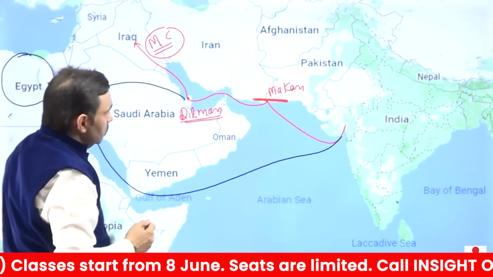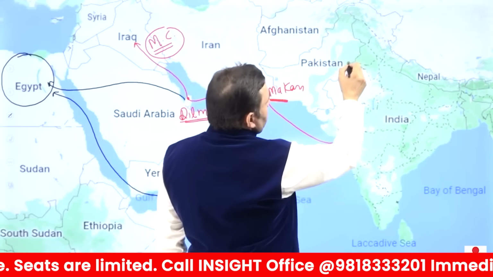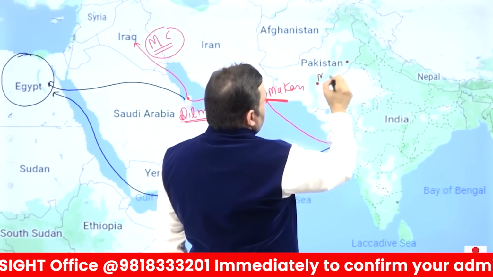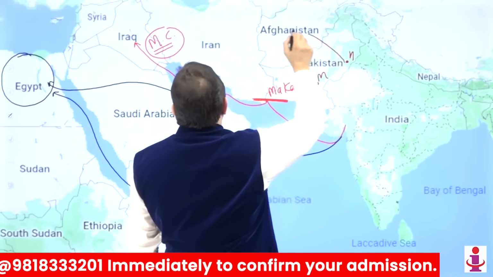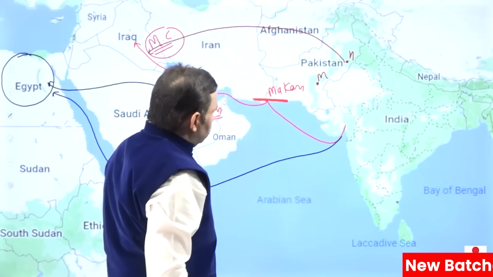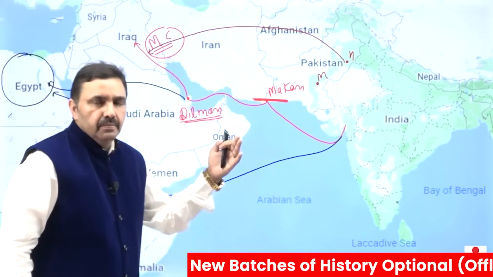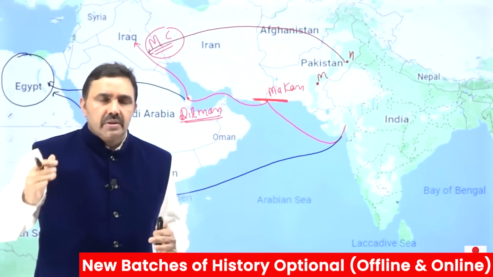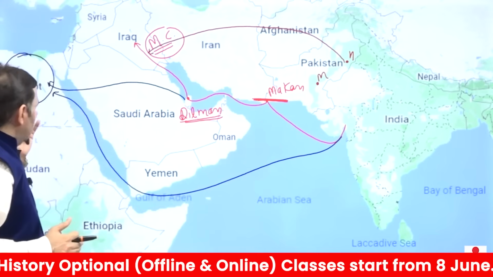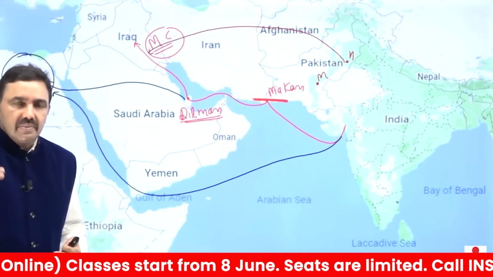So Harappans used to follow land routes also. Suppose you see the location of Harappa, location of Mohenjo-daro here. They used to go through Afghanistan also. That was a land route. And they used to use sea routes also. They were having knowledge of boats. They used to make boats for sea and river trade. So Egyptian civilization was also contemporary to Harappan civilization, and Harappans were having trade relations with Egyptian civilization also.